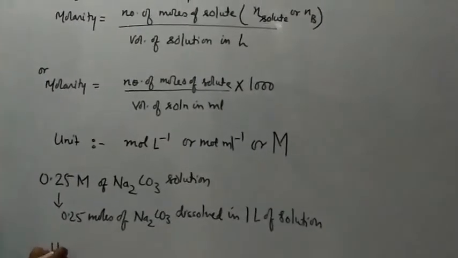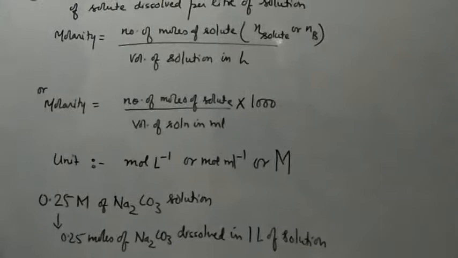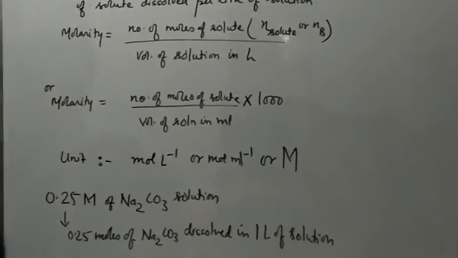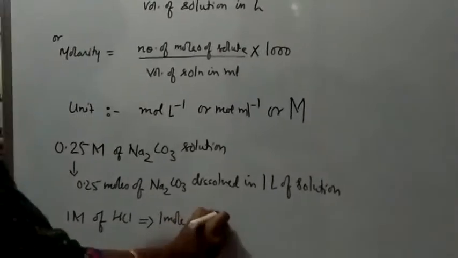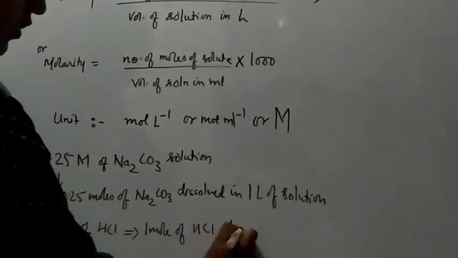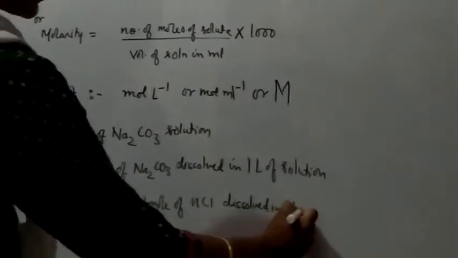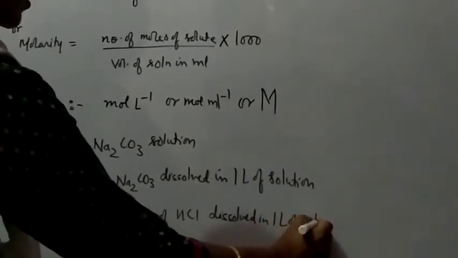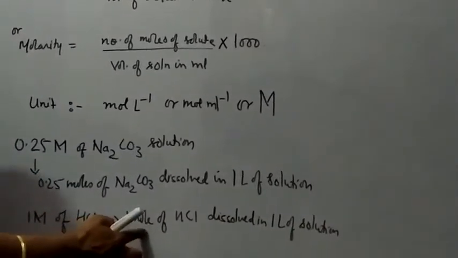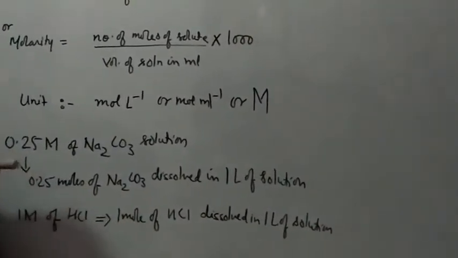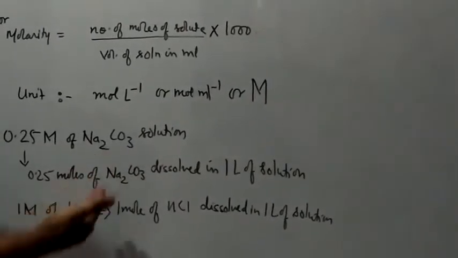In the same way, what is the meaning of 1 M HCl? It means 1 mole of HCl dissolved in 1 liter of solution. Now how can we obtain 1 mole of HCl? If we are given the mass of HCl, we just divide it by its molar mass.